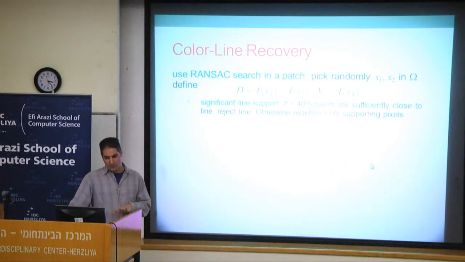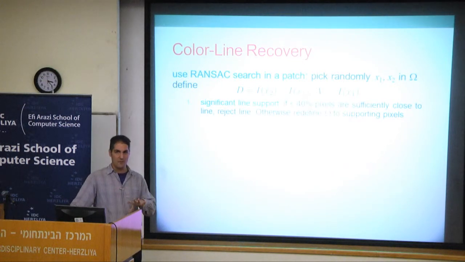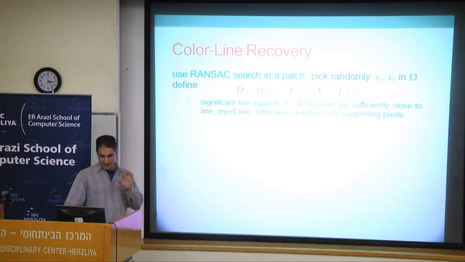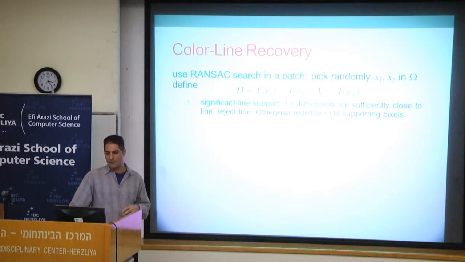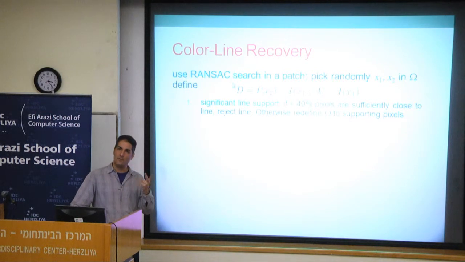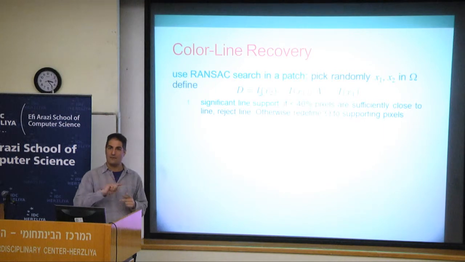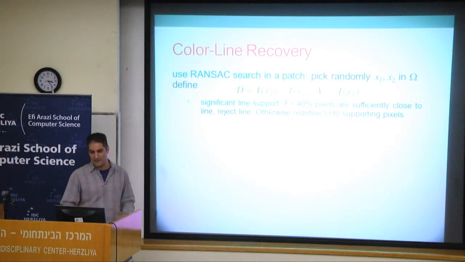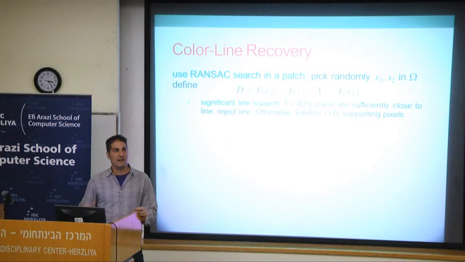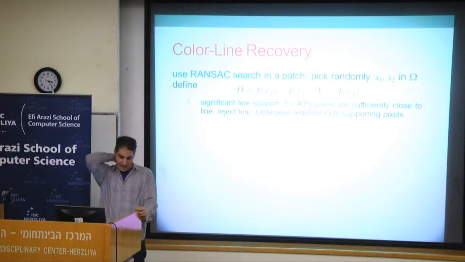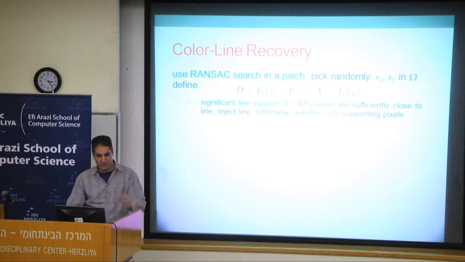So I won't really go into the fine details of how the color lines are estimated in each patch of the image, but the basic idea is to run some RANSAC algorithm where you randomly sample 2 pixels from that patch. You define the line that these 2 pixels define as the candidate line, and then you check that line against a list of criteria which the model tells us should be the case.